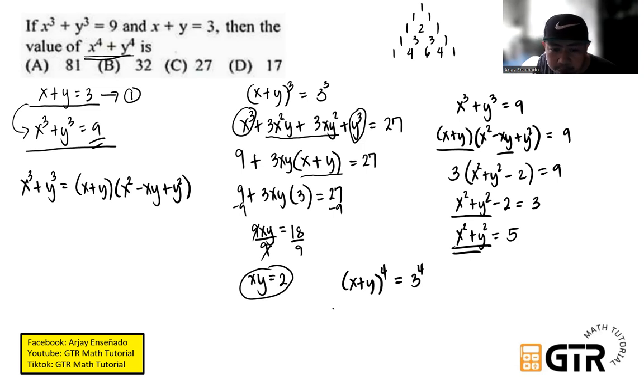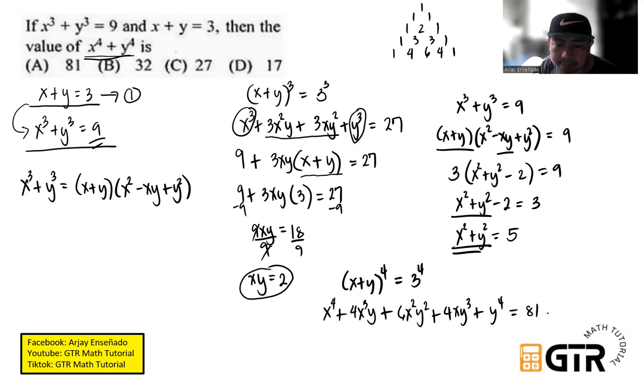So (x plus y) to the fourth is simply equal to x to the fourth plus 4x cubed y plus 6x squared y squared plus 4xy cubed plus y to the fourth, equals 3 to the fourth, that is 3 times 3 times 3 times 3, which is 81.